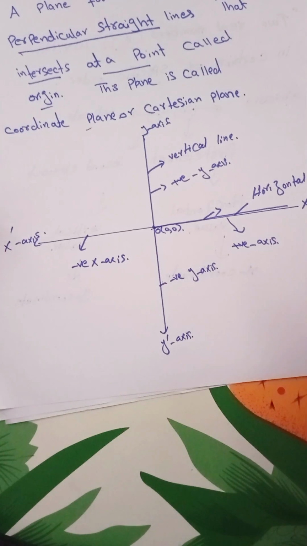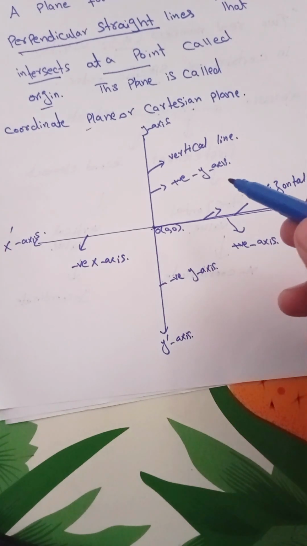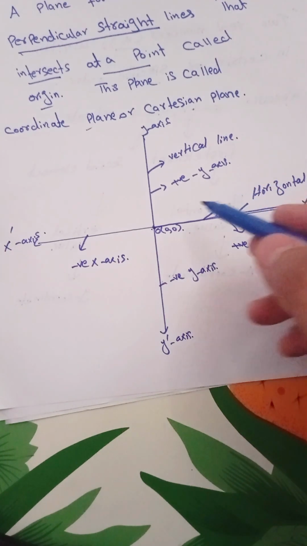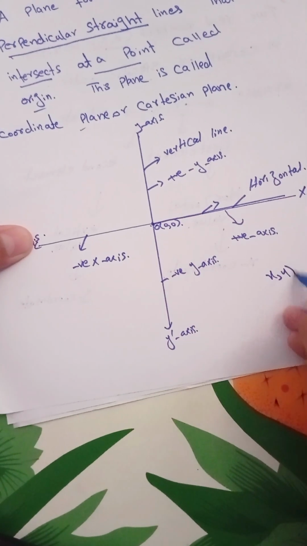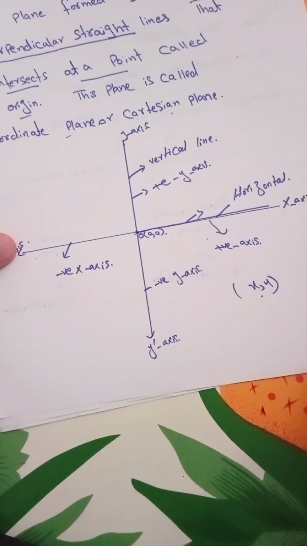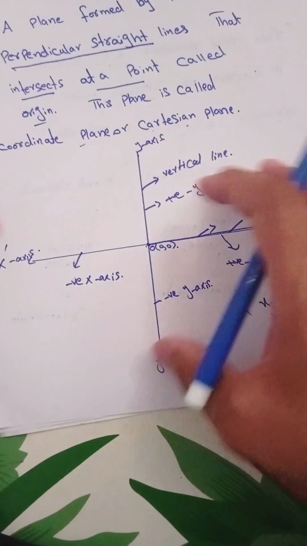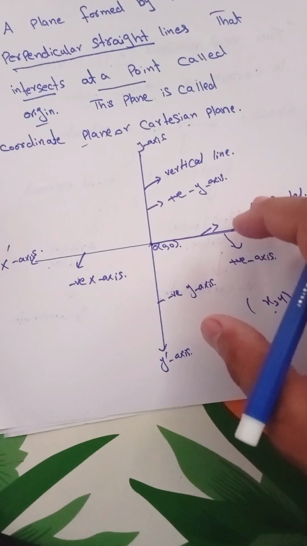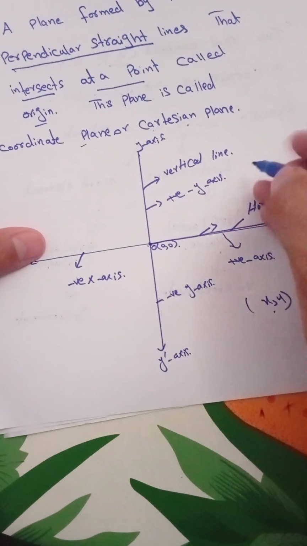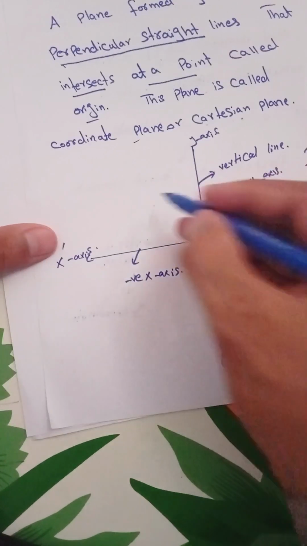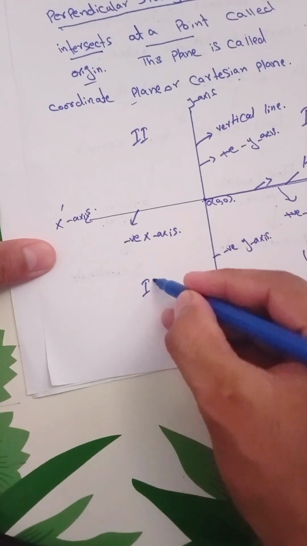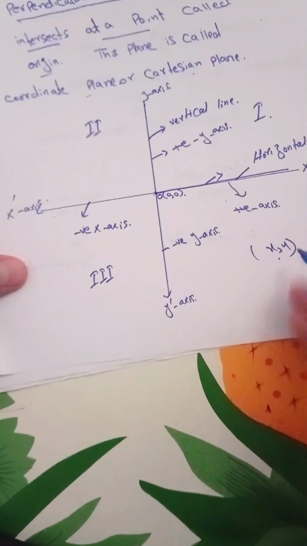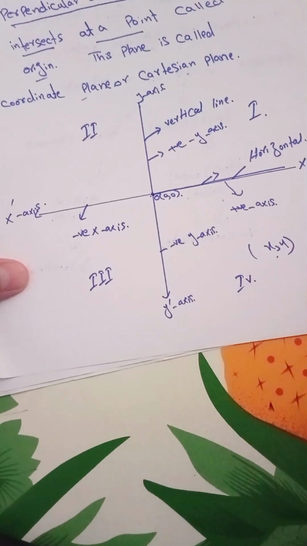After understanding this, we can now locate a certain point on a Cartesian coordinate system by using the ordered pair (x, y). This Cartesian coordinate system is divided into four quadrants. This is the first quadrant, this is the second quadrant, this is the third quadrant, and this is the fourth quadrant.